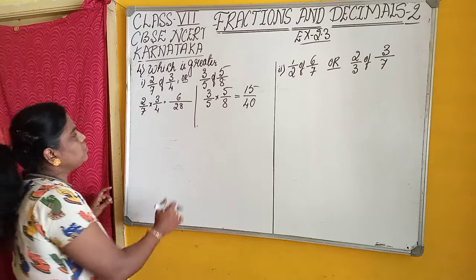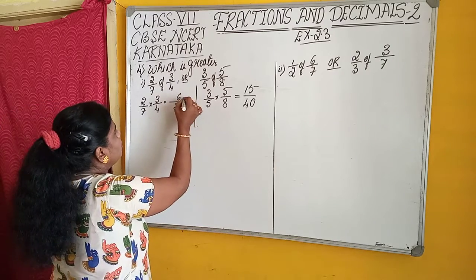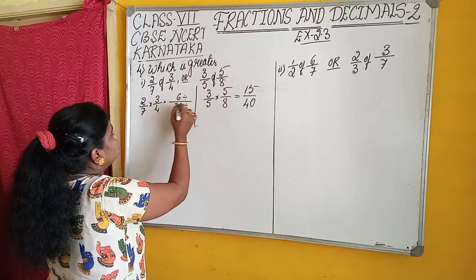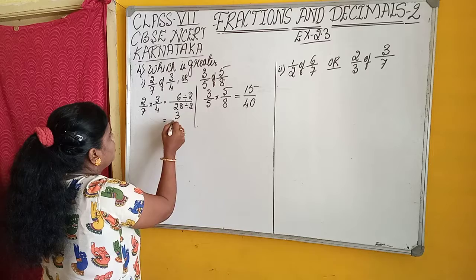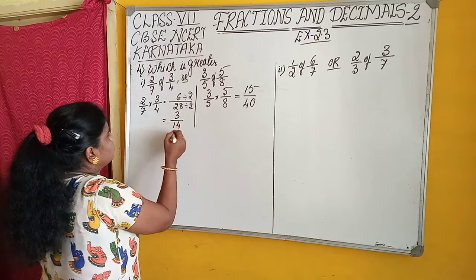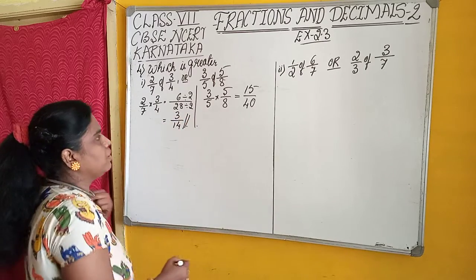Okay, we can first reduce to the lowest form. Both are divided by 2, that is equal to 3 by 14 here we got.